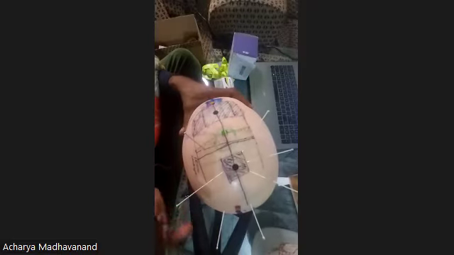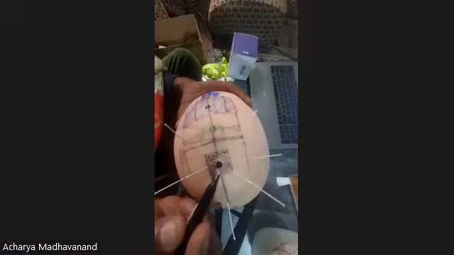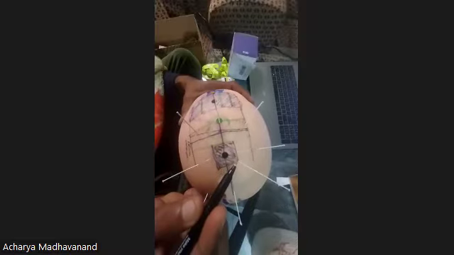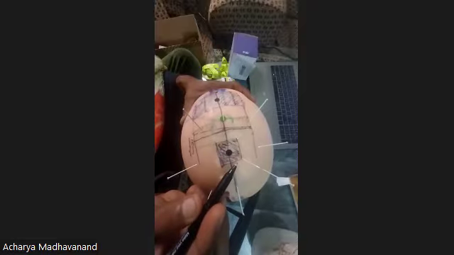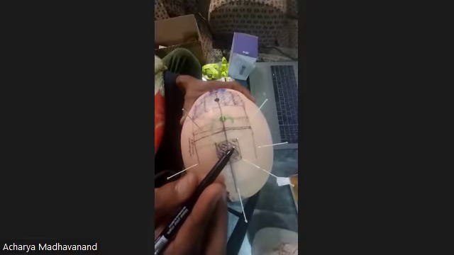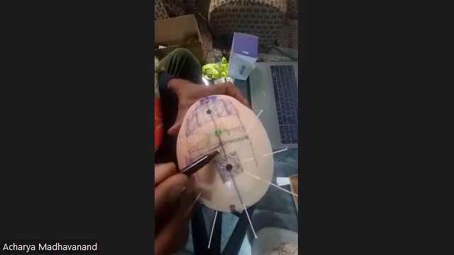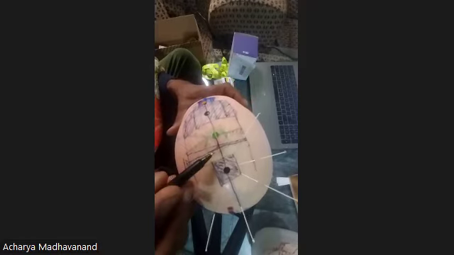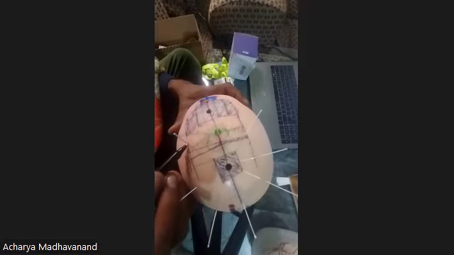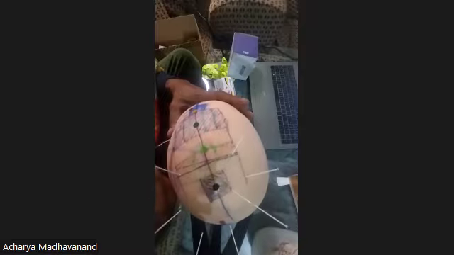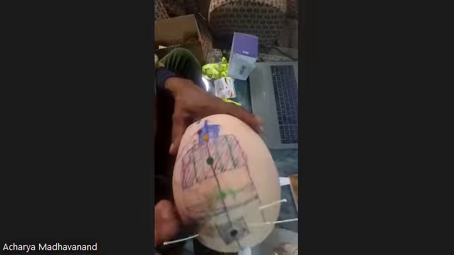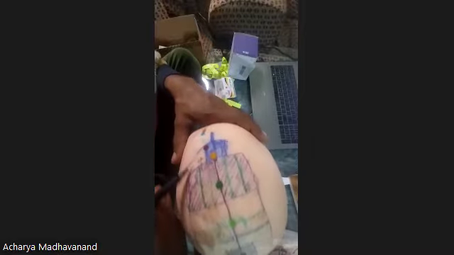After that, on the area of DU20, there is the shoulder area, then hip area, then lower body, middle body, and upper body.